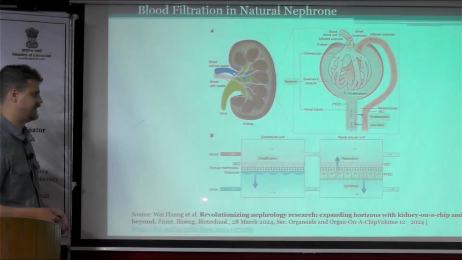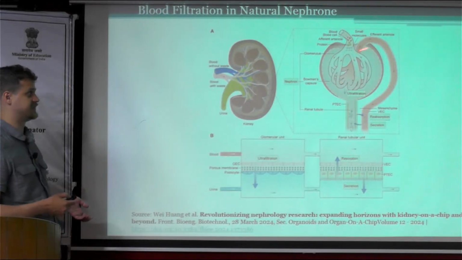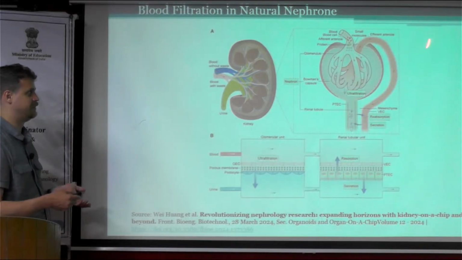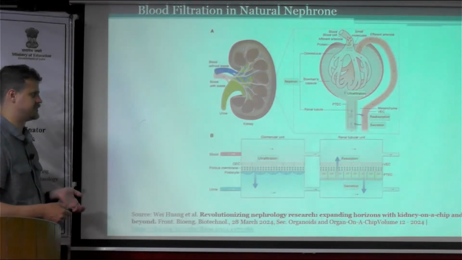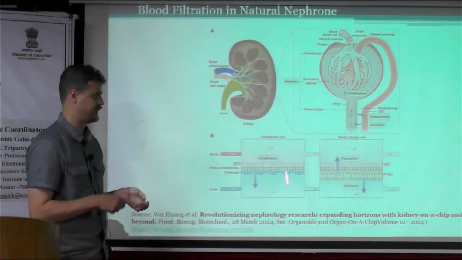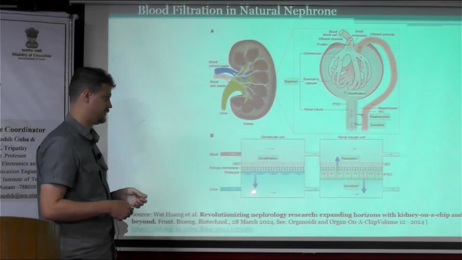We can simplify the work of this nephron in a very primitive manner: we have blood filtration, consequently the reabsorption of water and nutrients, then the secretion and the removal of the fluid from the organism.